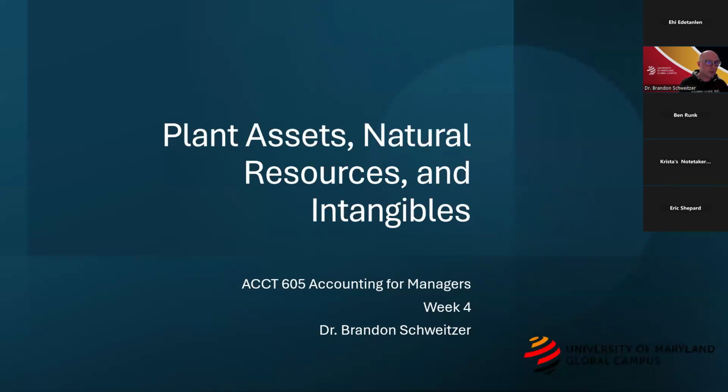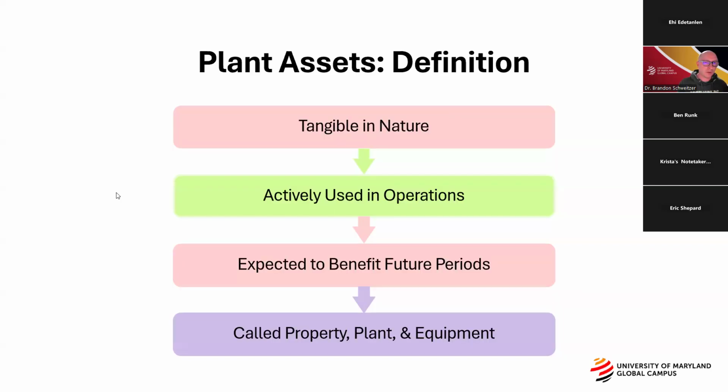The first thing I want to talk about is what plant assets or fixed assets are. Plant assets are tangible in nature. They are what we call fixed assets. Plant assets are tangible assets that are used in the company's operations.